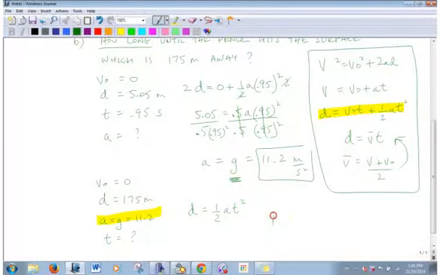So again, distance is 175. Let's times it by 2 this time. Divide it by a. Now I know what a is. That's t squared. Okay? 2d over a, right? 2 times d over a.